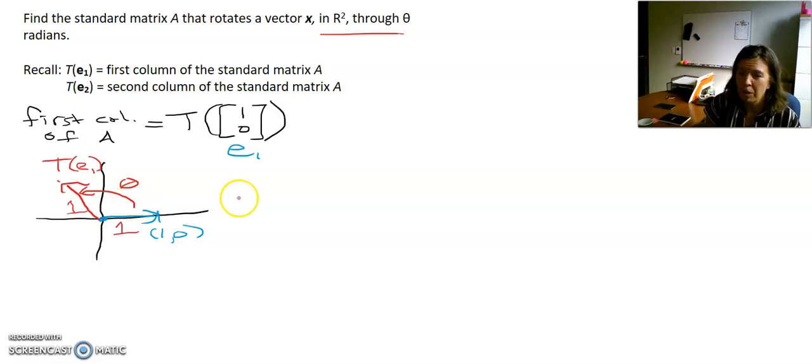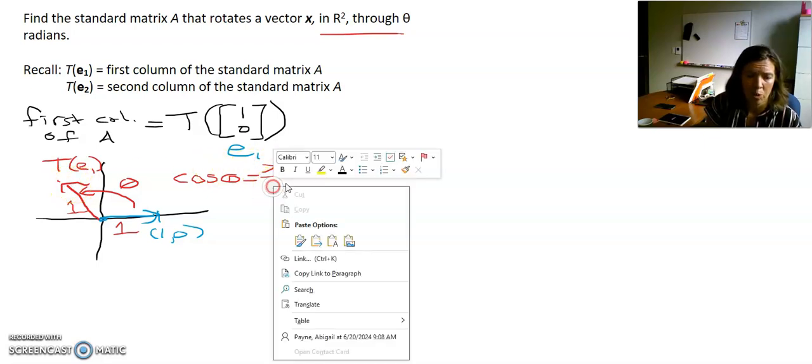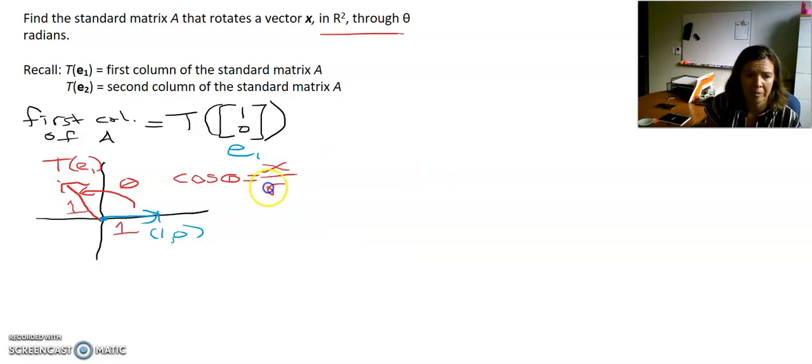If you think about the definitions of your trig functions, let's go with the cosine function, one way it is defined is x over r, those x, y, r coordinates, where x, y is a point on what we call the terminal side of the angle theta.